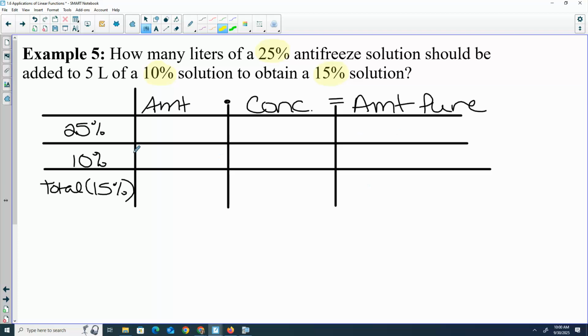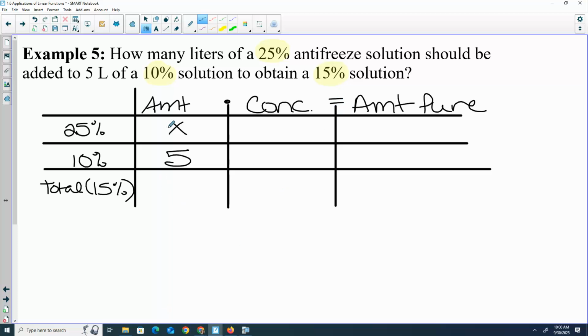All right, the amount. How many liters of a 25% solution? So I don't know it. I would call that X. Should be added to 5 liters of a 10% solution. So my 10% is 5, to obtain a 15% solution.